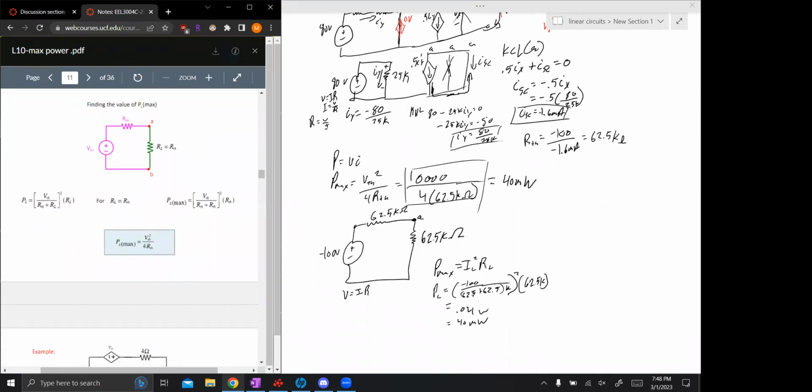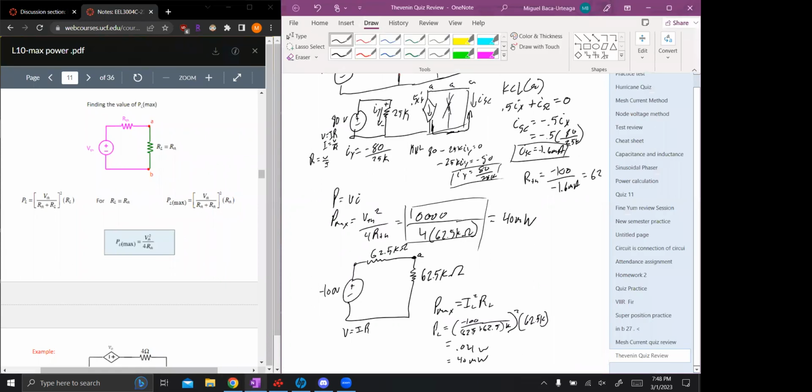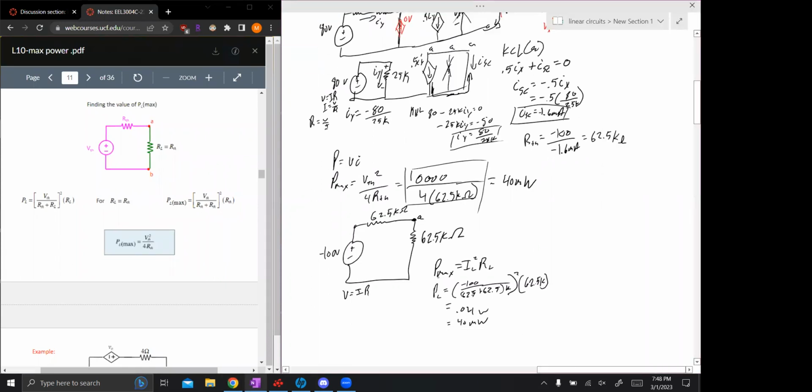So yes, this is another form of doing the equation. I'm just going to get my little green pen here. This is valid, as is PL equals V Thevenin over R Thevenin plus RL, squared, times R Thevenin.